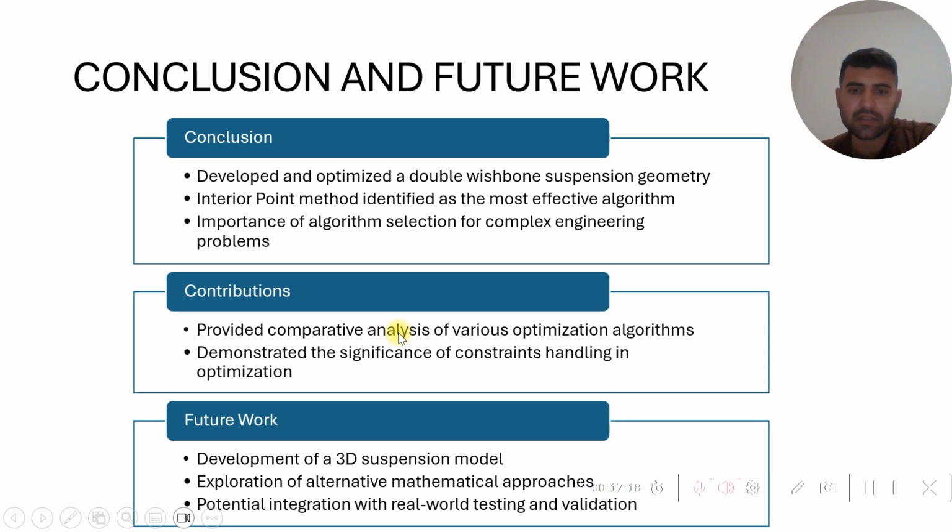So we provide a comparative analysis of various optimization algorithms, which demonstrates the significance of constraint handling and optimization. In the future, we will try to work on a 3D suspension model, which is already in process, and also other mathematical approaches, which are also already in process. And we can also do integration with real world testing and validation in the future.